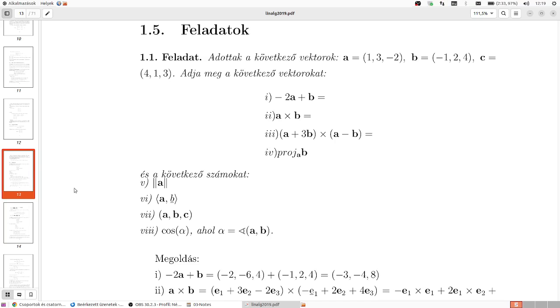I multiply the vector with a scalar, so I just can multiply the components. Sorry for my terrible handwriting.